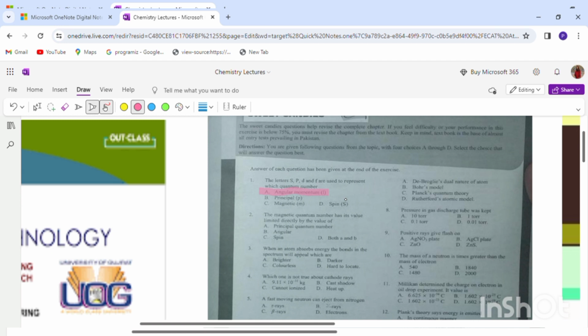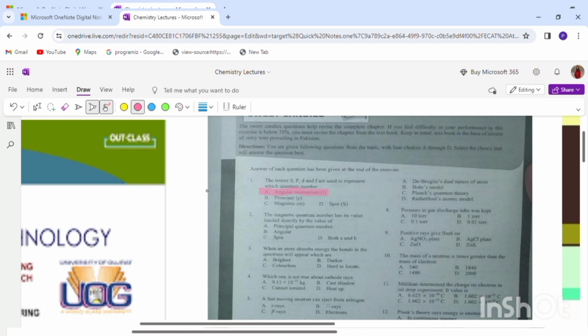We have already discussed that when n will be 1, then the azimuthal quantum number will be less than n. So the angular momentum quantum number must be 0, and the magnetic quantum number will be from plus L to minus L, which means it is derived from the azimuthal quantum number, and the azimuthal quantum number is derived from the principal quantum number.